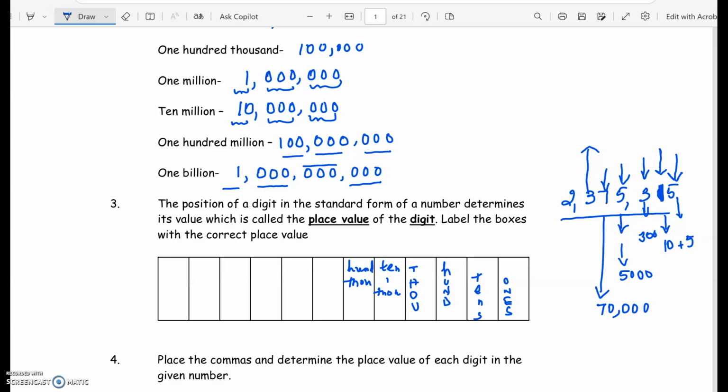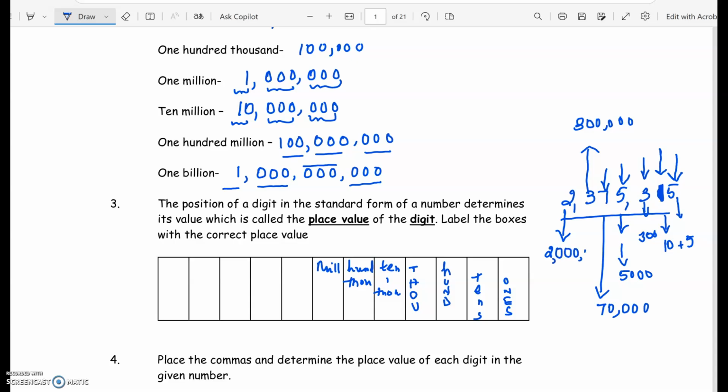So 3 is not a 3, but a 300,000. The 2, which is the next from the right, is in the millions place. So 2 is not a 2, but the value of 2 is 2 million.